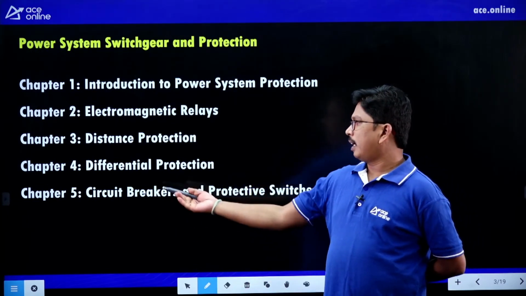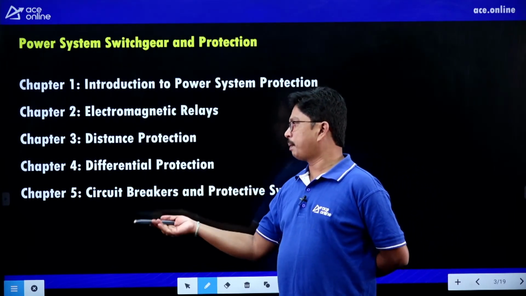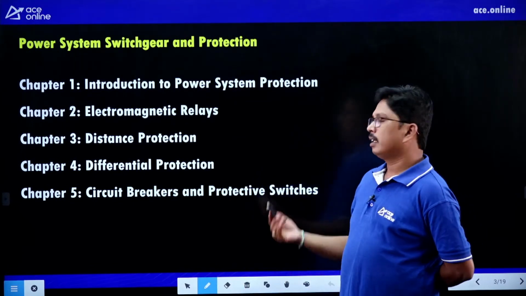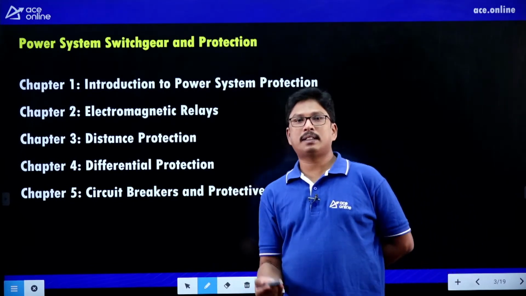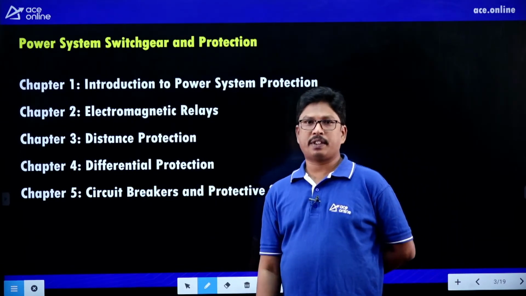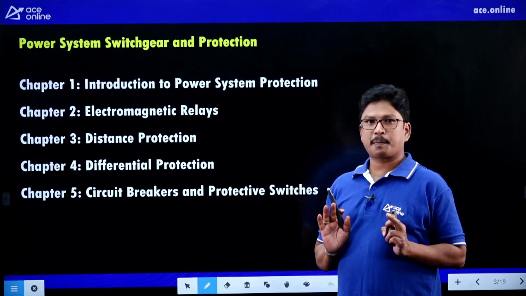Coming to the circuit breakers, various topics and definitions related to circuit breakers and protective switches like fuses, isolators and earth switches we are going to discuss in chapter 5. This is the syllabus of switchgear and protection, students, right?